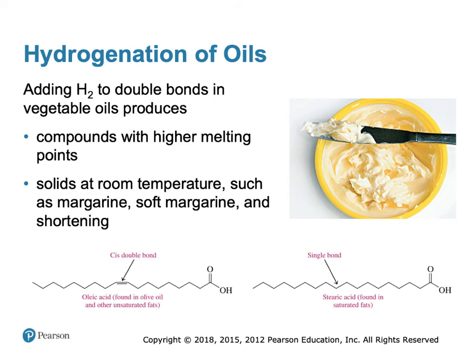Fatty acids consist of a carboxylic acid group, which we will discuss in a later chapter, on one end, and a fatty chain on the other. So the fatty chain is just a long hydrocarbon chain.